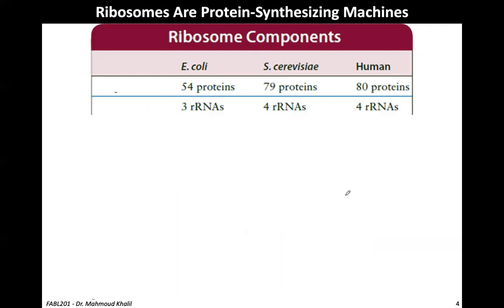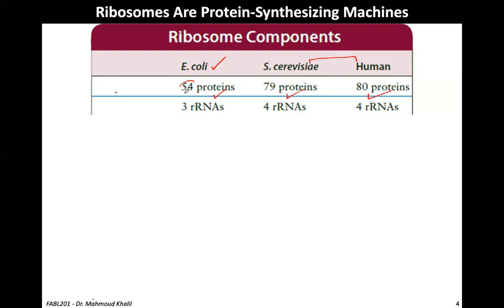To understand the ribosome components, we'll compare the components in E. coli, which represents the prokaryotes, and then two eukaryotic examples, the yeast S. cerevisiae and the human, as lower eukaryotes and higher eukaryotes. In general, the ribosome in E. coli consists of 54 proteins, 79 proteins in yeast, and 80 proteins in human.